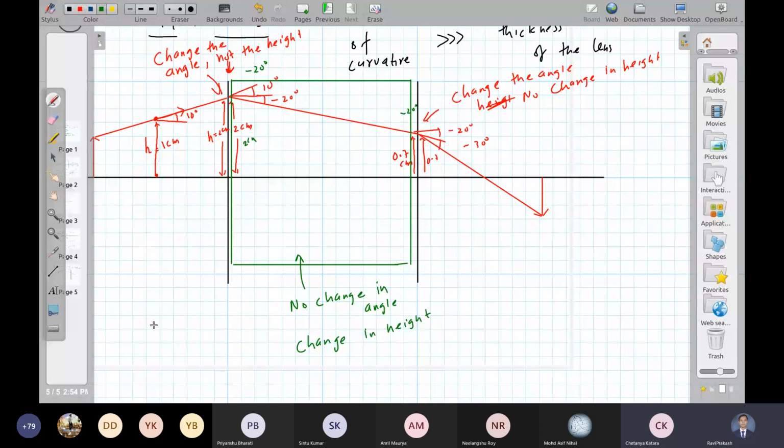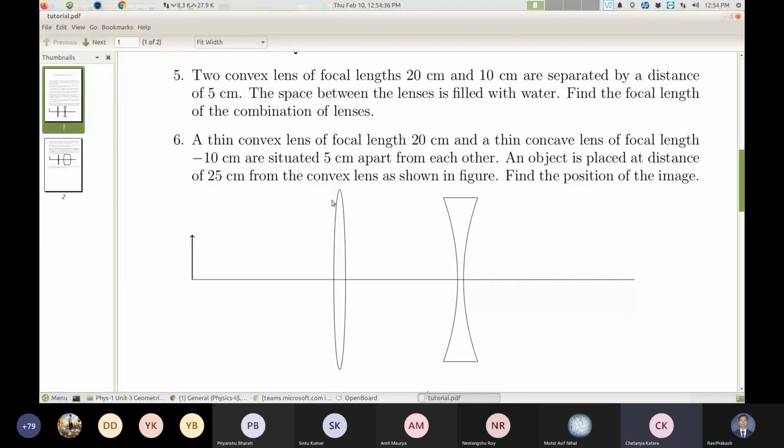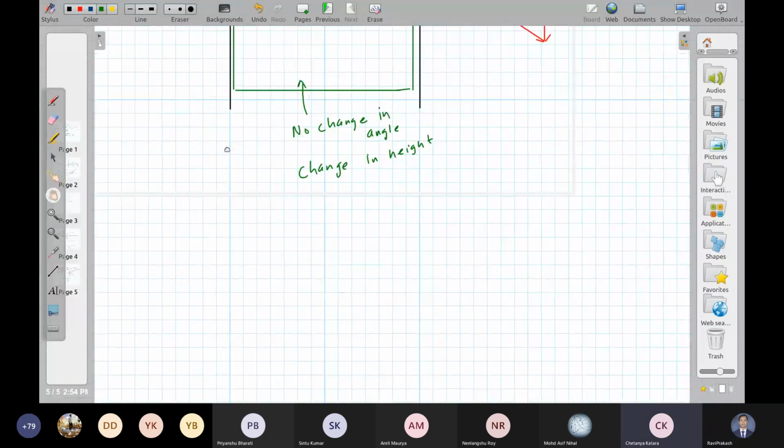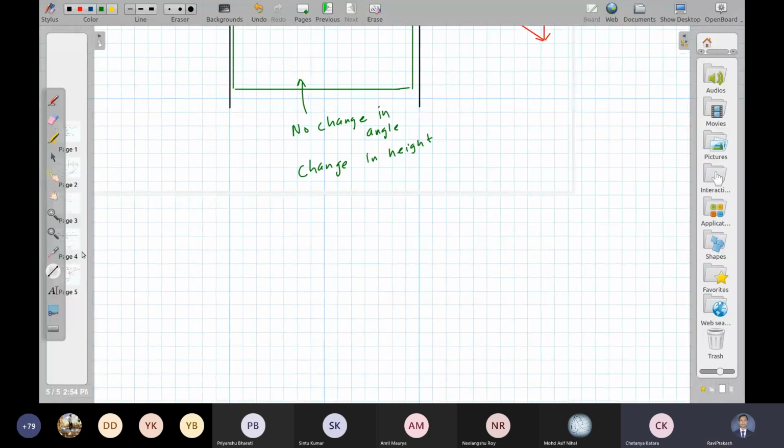Now what we have done, प्रॉब्लम में हमने क्या किया है? We fill the space with water. Lenses as it is हैं, so lens का रोल भी ऐसे ही रहेगा. We have changed the role of this air slab. देखते हैं क्या चेंज आया इस एयर स्लैब के रोल में. So earlier we were having a slab of air. शुरू में हमारे पास एयर का स्लैब था, right?